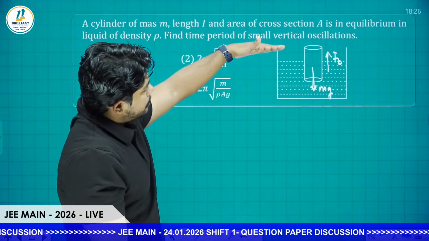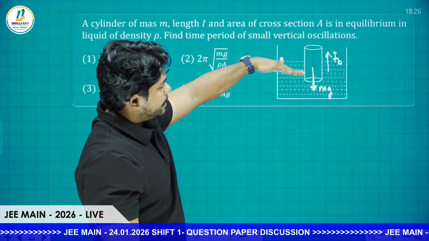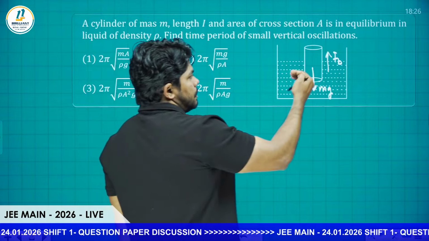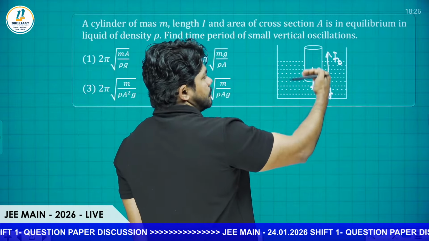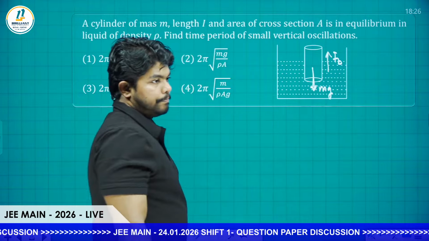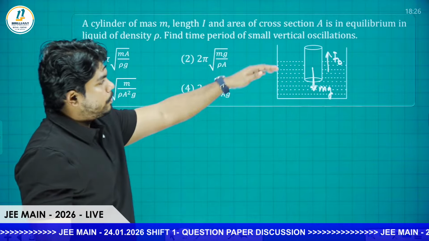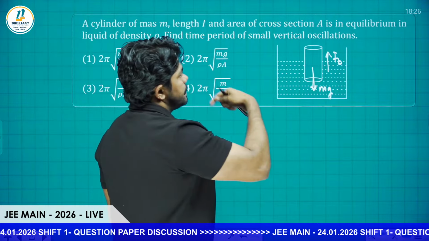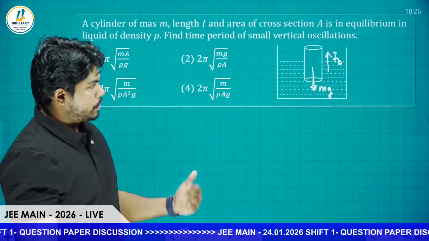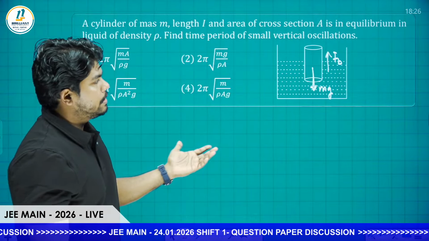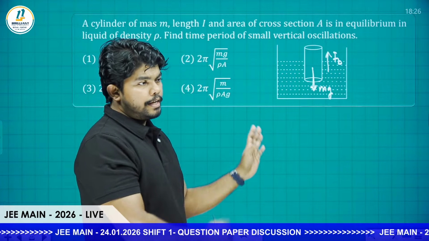But if I push this cylinder a distance x downwards, what will happen? This cylinder will try to regain its original position, but on doing that it will be oscillating, and that oscillation itself causes a simple harmonic motion. We can find out the time period or frequency or angular frequency from that situation. This is the idea here.